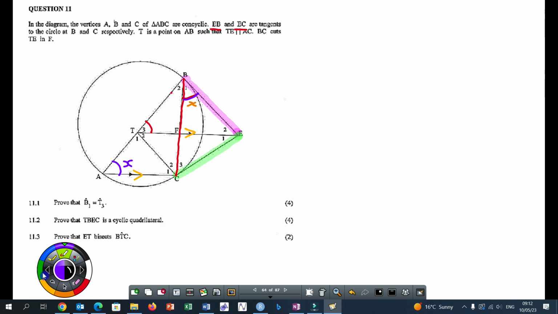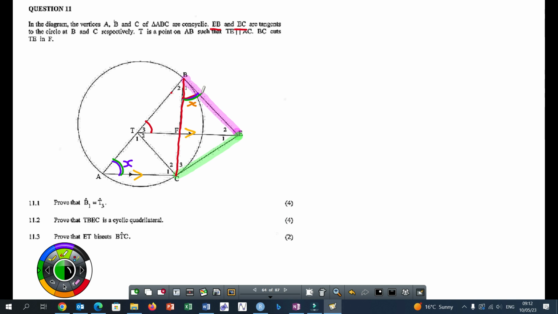Right? According to the tan-chord theorem, you must have a tangent, then the tangent must come into contact with the chord, and the two must form an angle. The chord itself must subtend an angle at the circumference. And this angle here will be equal to A1. That's the tan-chord theorem. The angle between a tangent and a chord at the point of contact is equal to the angle in the alternate segment, which we just abbreviate as the tan-chord theorem.